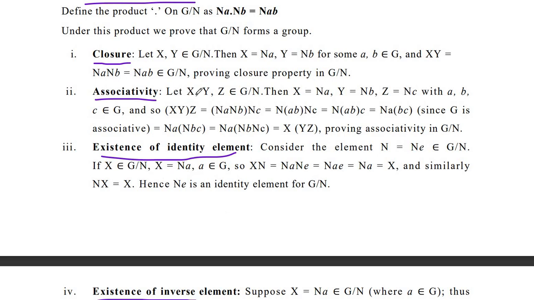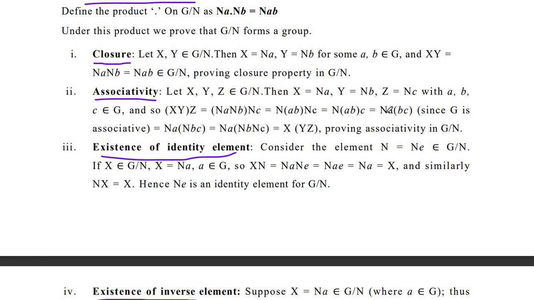And for the associativity, we need to consider three elements, say X, Y, Z, so that X, Y, and Z will be NA, NB, and NC respectively, with A, B, C in G. Now if you consider X dot Y dot Z, then this is what we have. And this is again NAB, and you have this being rewritten as NABC. All these are possible only if you assume N to be a normal subgroup.